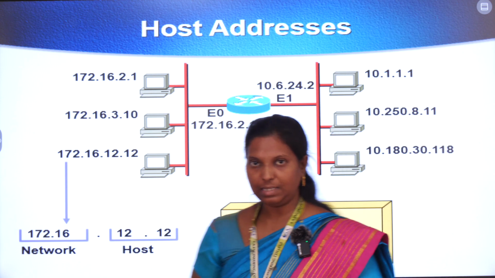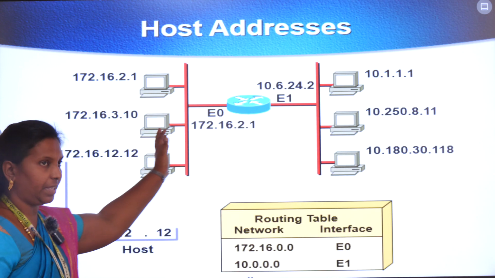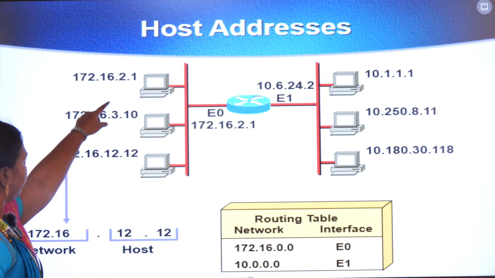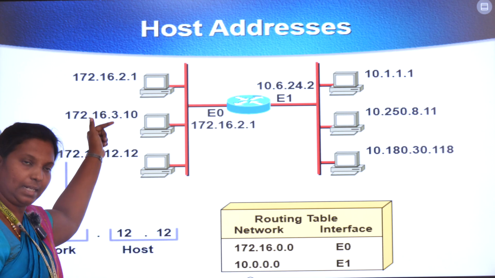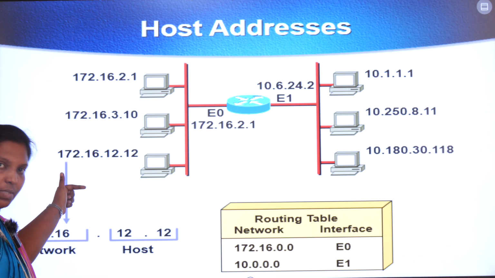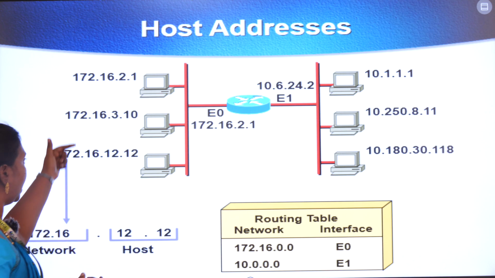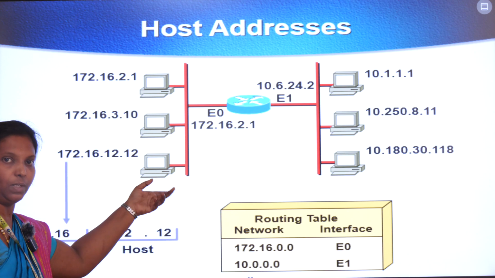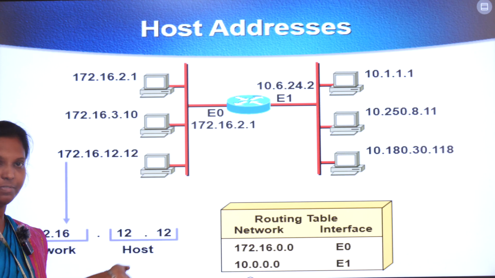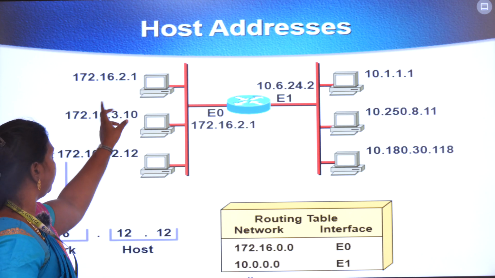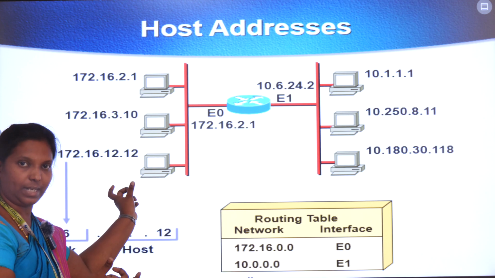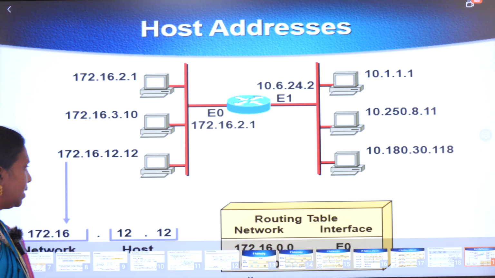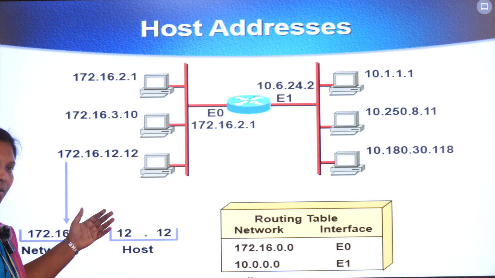For example, the first part of E0 is an interface with 172.16. So I make 172.16, then again 172.16 and 172.16 for the three interfaces, and I place the numbers as 2.1, 3.10 and 12.12. Since it is class B, the variation will be in the last two host ID octets, so 2.1, 3.10 and 12.12. These IDs will be the reflection of all other things.